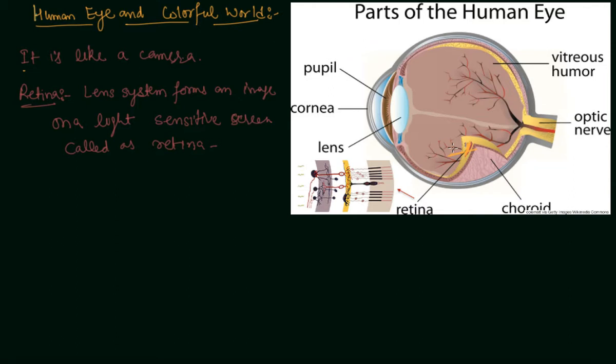When light enters the eye through a thin membrane called the cornea, the cornea enables us to see objects.